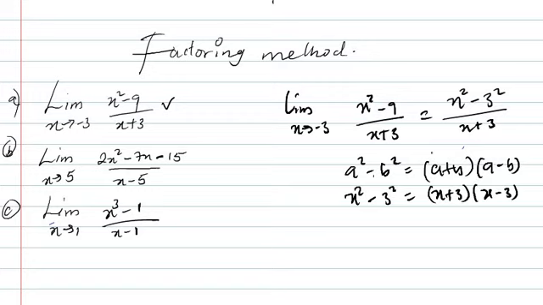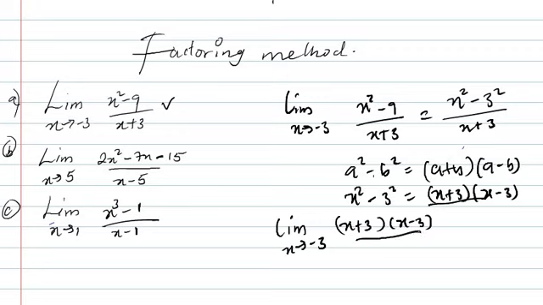So it's very simple, we just substitute. We can say the limit as x approaches negative 3 of, since our numerator is turned into this, x plus 3 times x minus 3 all over, at the denominator, x plus 3.